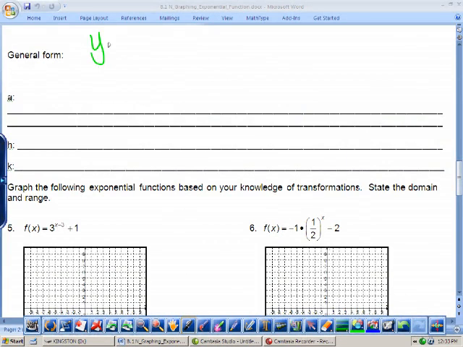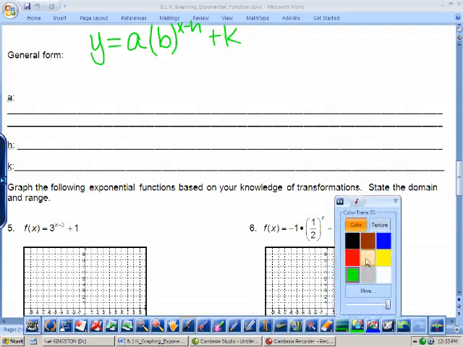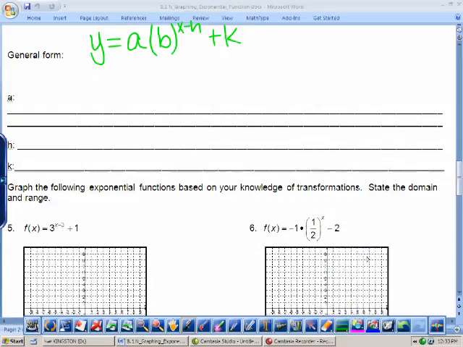All right, so I could have the equation y equals a times b to the x minus h power plus k. All right, these are functions. These follow our same function transformation rules that we've been doing all year. So what does the a do? Vertical stretch or compression.